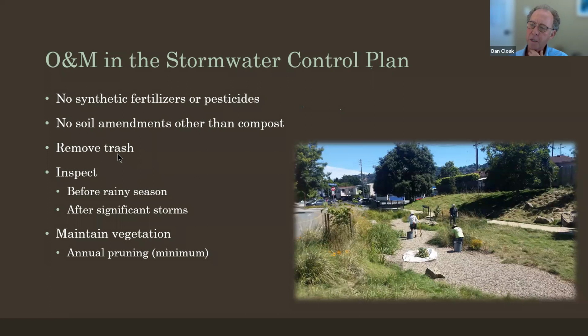And the basic thing is go in there and remove the trash that accumulates, typically right at the inlets, regularly, and inspect before the rainy season and after significant storms. And with the grasses and shrubs that are typically used in bioretention facilities, this can be, depending on how aesthetically nice they need to look.